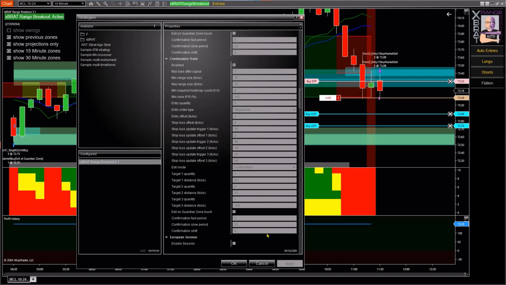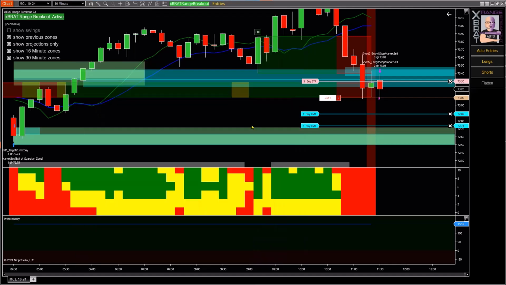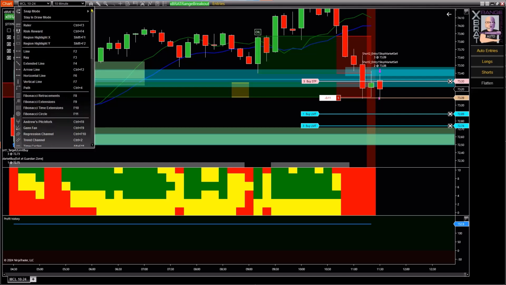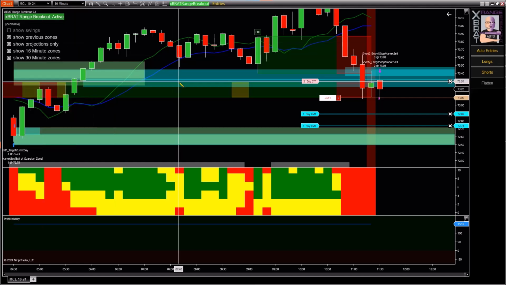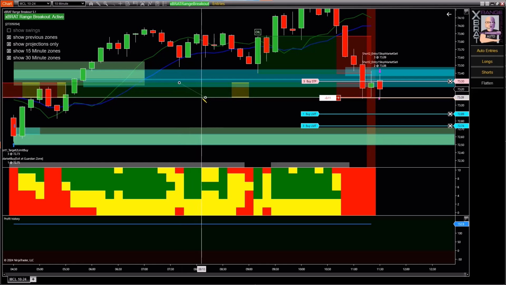So we are in a situation now where, if we measure this range, this range was, so minimum range 15 for the opening range is good.